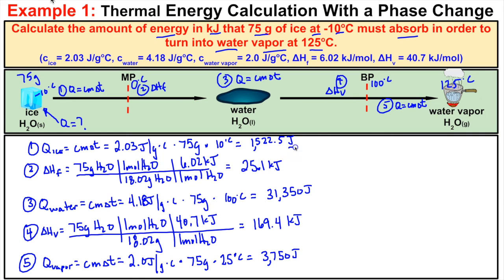However, some of these are in joules, some of them are in kilojoules, and the question asks for our final answer to be in kilojoules. So we have to convert to kilojoules by moving our decimal 3 times to the left.